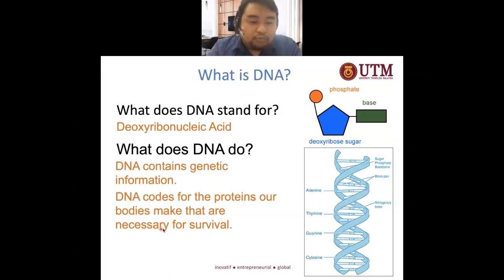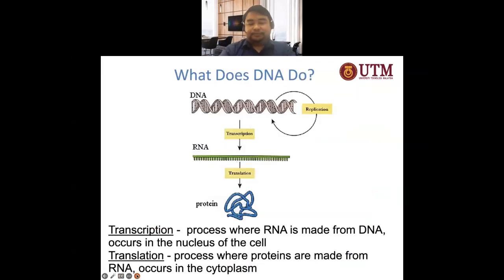Okay, so now moving on to the next slide. As I mentioned before, DNA encodes for our protein production. So how does DNA from inside the nucleus form protein? We are going to look into it. DNA, as you see, is in helical form, and then DNA would undergo transcription.